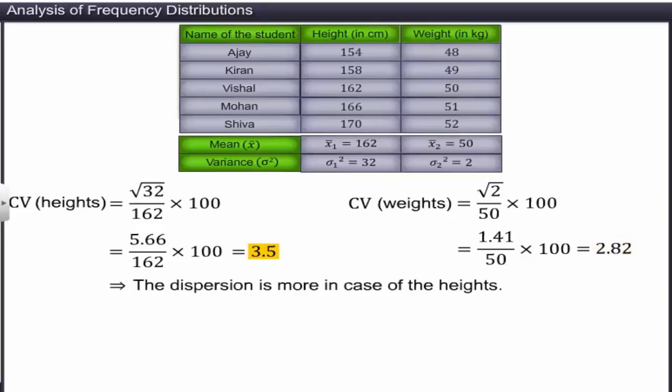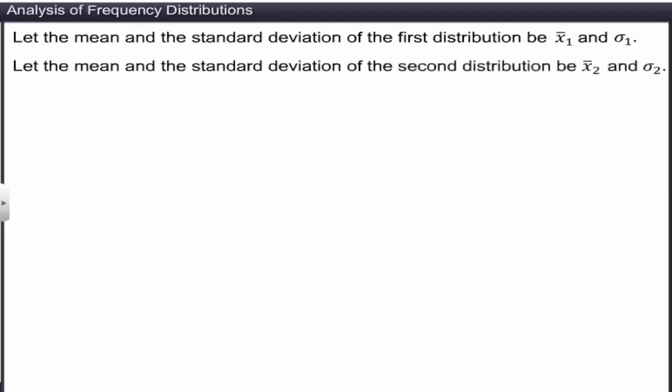Let's compare two frequency distributions with the same mean. Let the mean and the standard deviation of the first distribution be x1 bar and sigma 1. Let the mean and standard deviation of the second distribution be x2 bar and sigma 2. The CV of the first distribution is sigma 1 divided by x1 bar multiplied by 100.